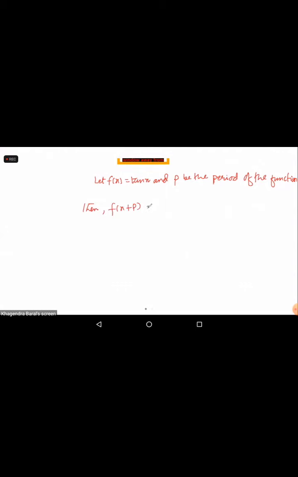This is the definition of the period of the function, regular interval of p ma values repeat हुन्छ भनेको नि. This is equal to f of x plus p means tan x plus p, tan x plus p is equal to tan x. Now you can use the form of sin and cos to simplify this, or you can bring this tan x into the left side and make it minus tan x and then you can use the simplification form.